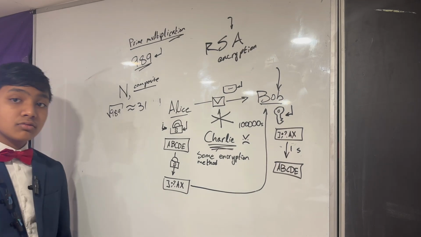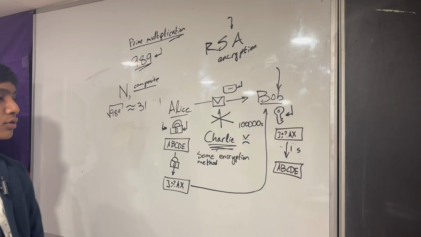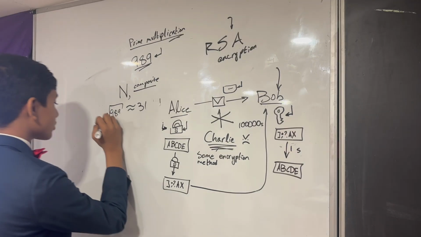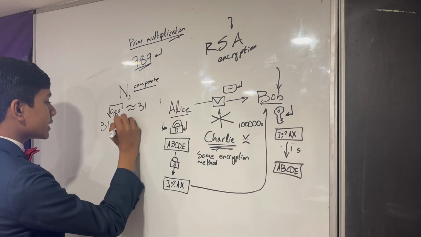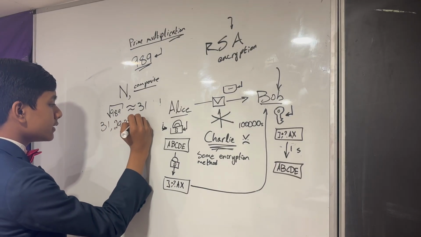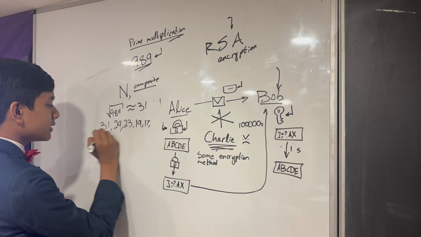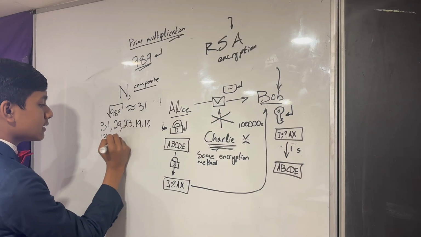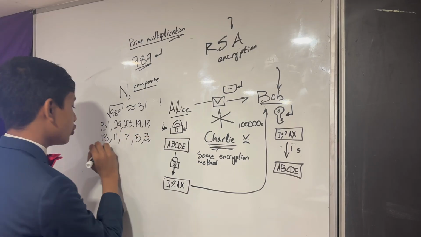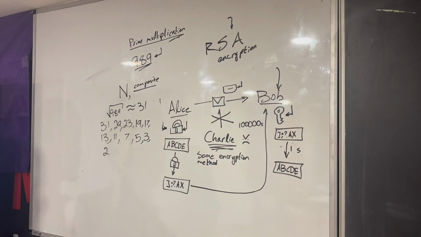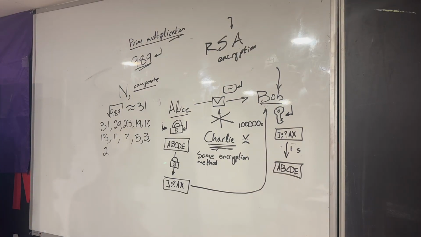So now what we would have to do is check every single prime below 31: 31, 29, 23, 19, 17, 13, 11, 7, 5, 3, and 2. We would have to check 11 primes via division.